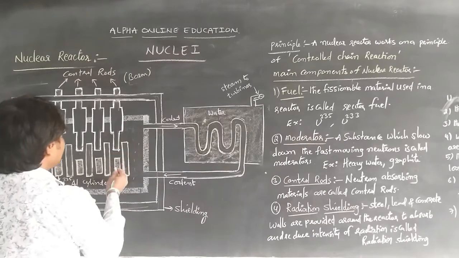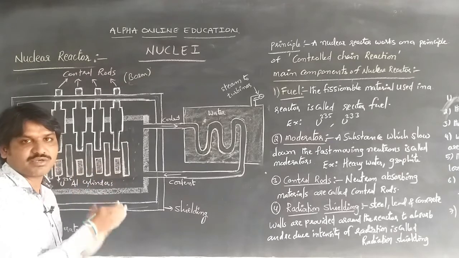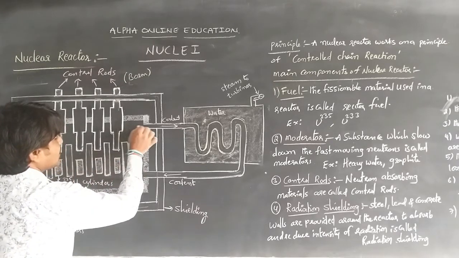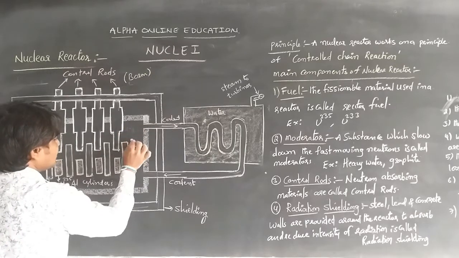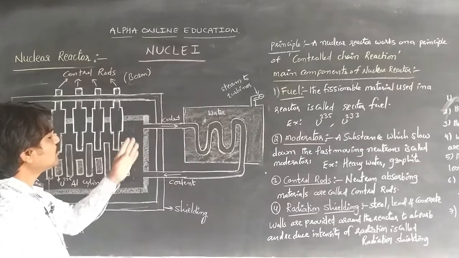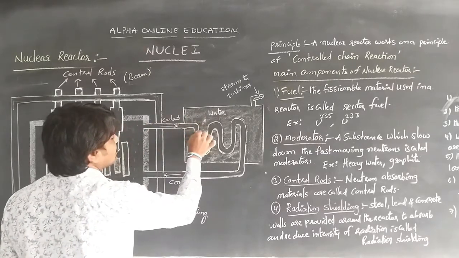Whenever the fission process is going on, some heat is developed in the nuclear reactor. That reactor heat energy is absorbed by the coolant, which is placed beside the moderators and control rods. The coolant takes it to the water chamber to transfer the heat to the water.